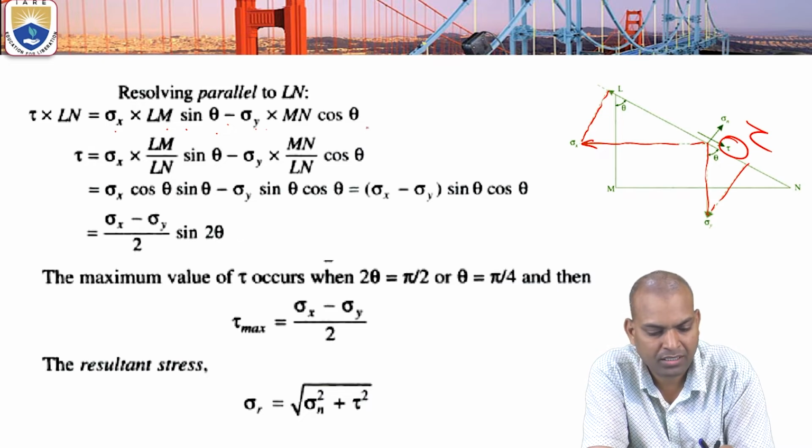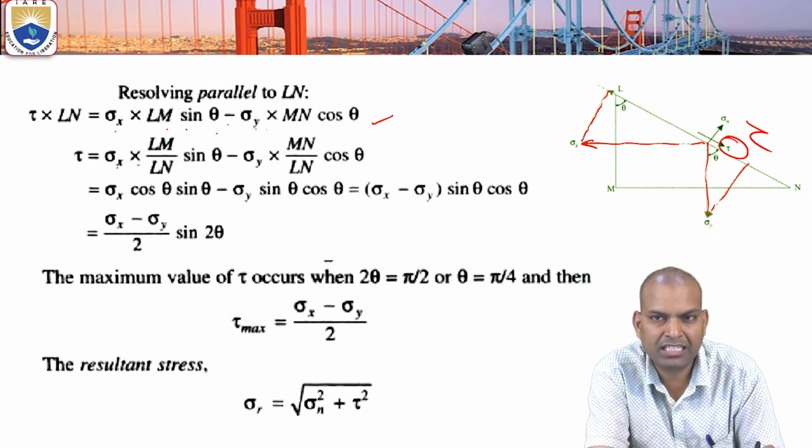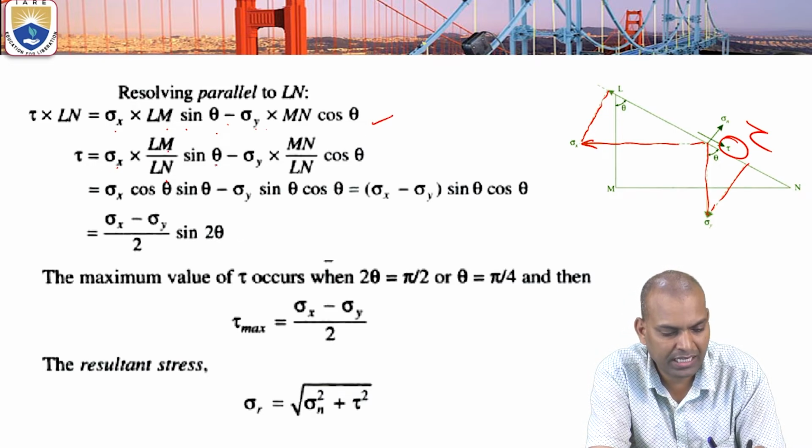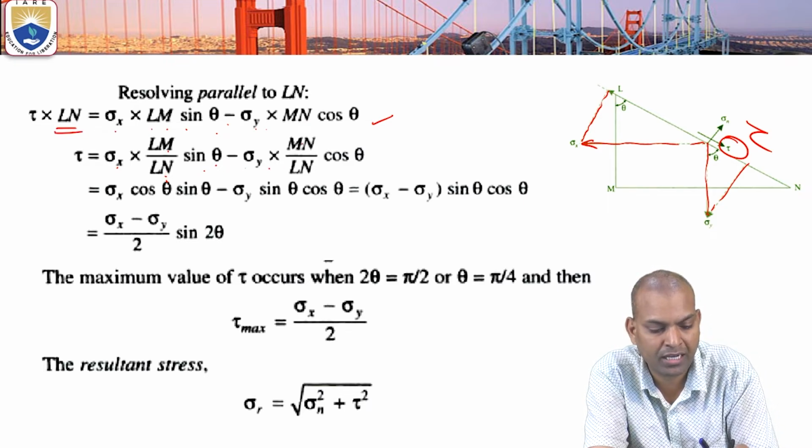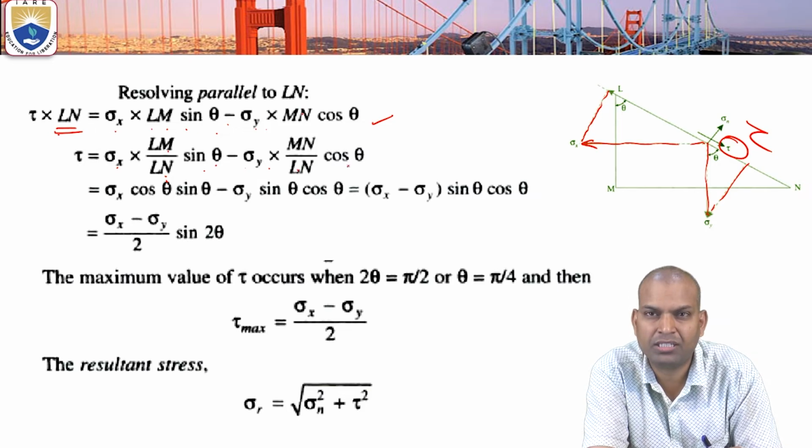See, this is MN. Now here sigma x into LM by LN sin theta, this LN goes to the right side as denominator, LM by LN sin theta minus sigma y times MN by LN cos theta.